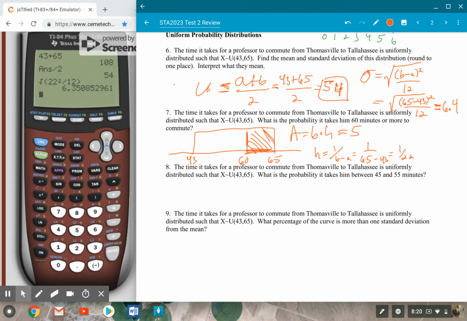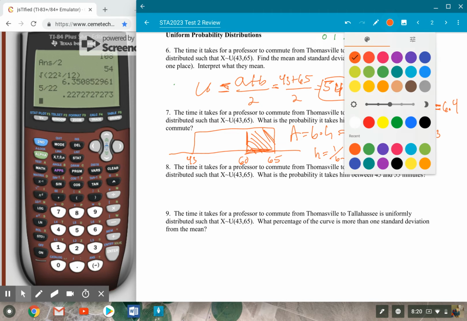It's 1 over 22. So 5 times 1 over 22 will give me my area of my rectangle, which will give me the probability of 60 and above, or 60 to 65. So this is the same thing as 5 divided by 22. I'll get 0.2273 if I take that to 4 decimal places.